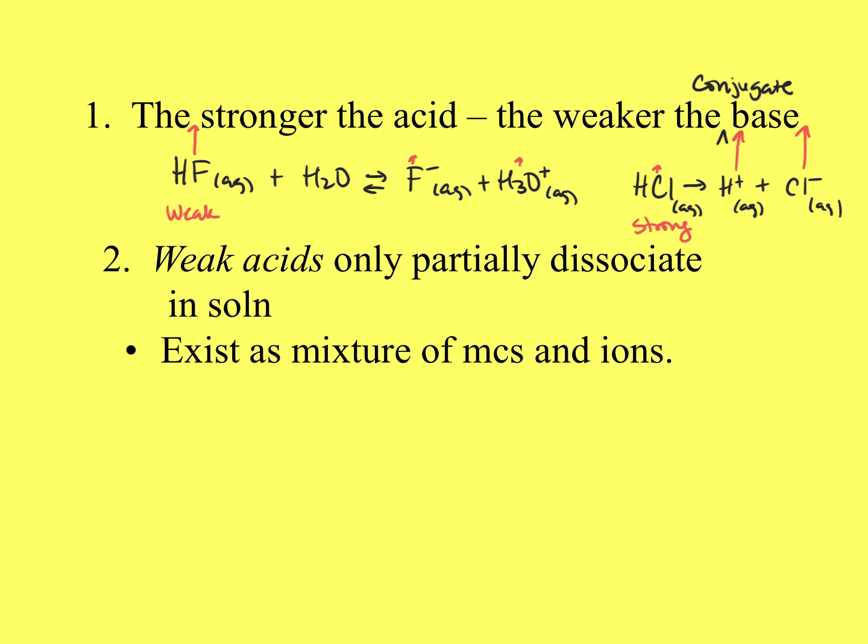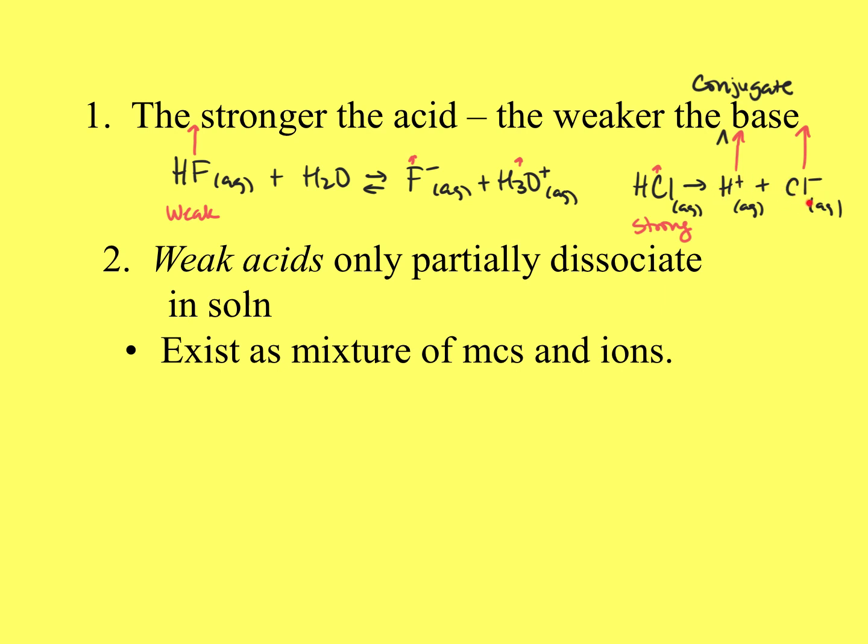So the way to look at it here is that HF is really weak, which means it's not going to ionize much, and that F negative is going to be much more willing to gain a hydrogen from H3O plus to become HF. Which means that F negative will be relatively strong, whereas the Cl minus right here, as a base, is not going to want to gain any of this extra H plus.